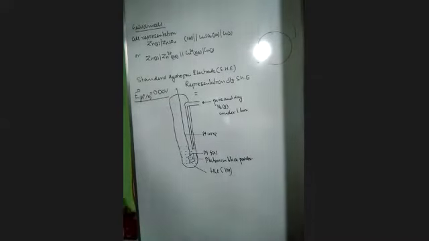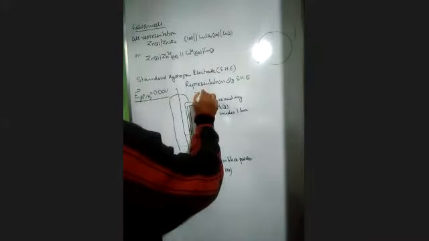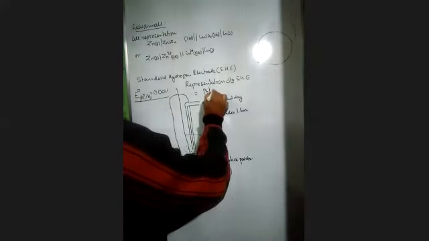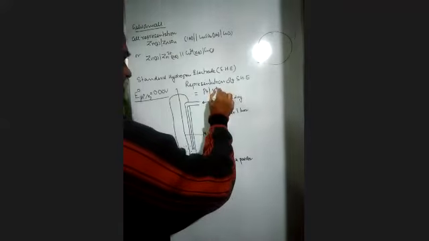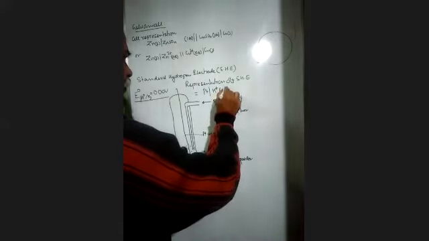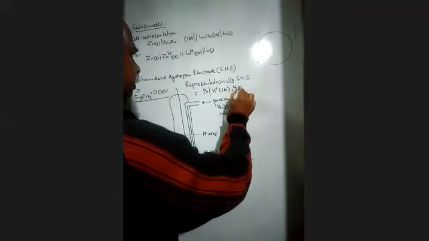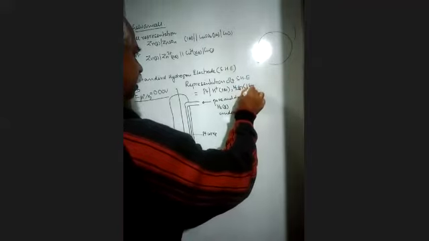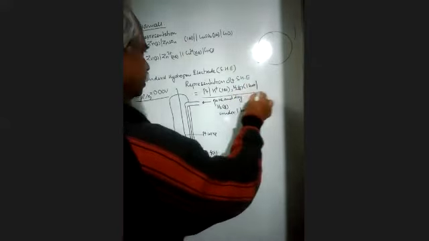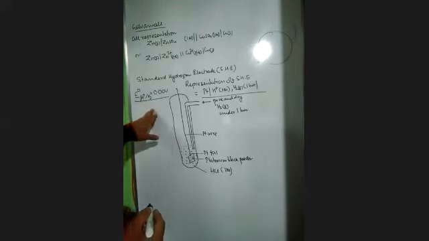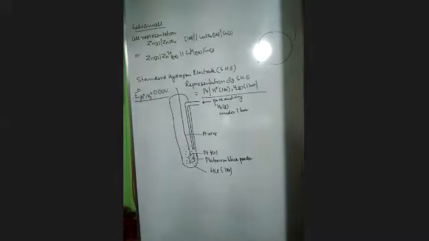We'll write like this: platinum, then H plus 1 molar, then H2 gas 1 bar. So this is the representation of the standard hydrogen electrode. And the electrode potential of the standard hydrogen electrode is 0.00 volt. Please draw.